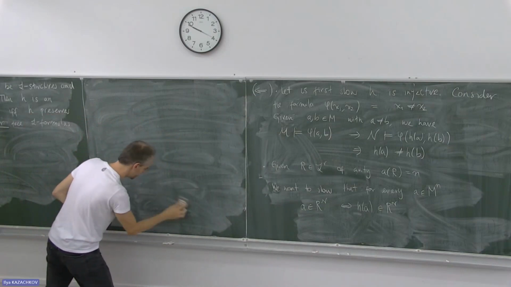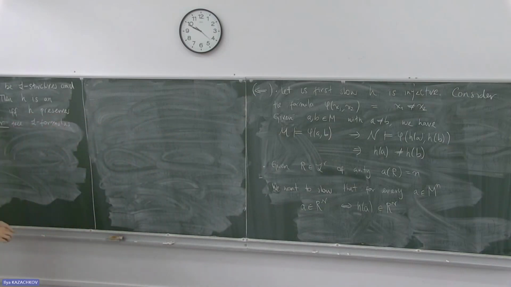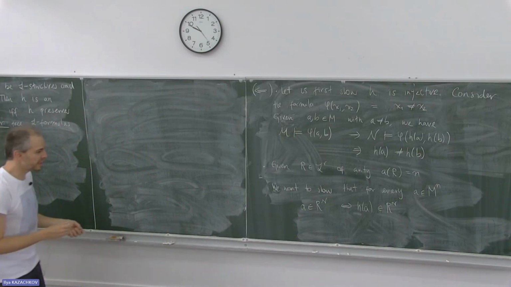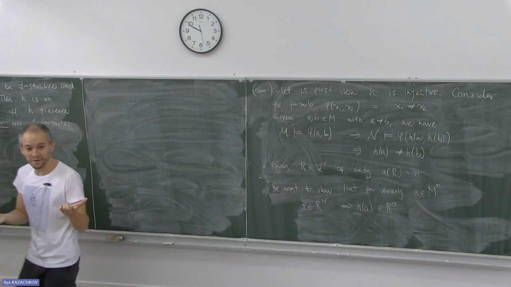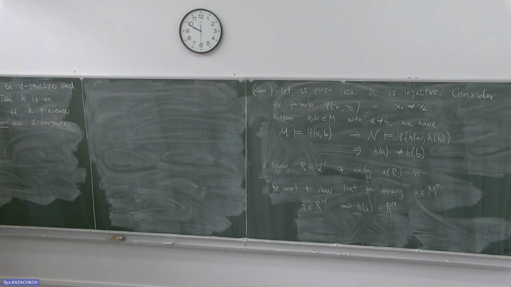Any guess? A1 to AN. Right, perhaps not A1 to AN, but, well, yes, it is. Okay. R of X1 up to Xn, this is going to be the formula, and then it is going to preserve this one, right? So consider phi of X1 up to Xn given by, this is just an atomic formula, given by R X1 Xn, right?